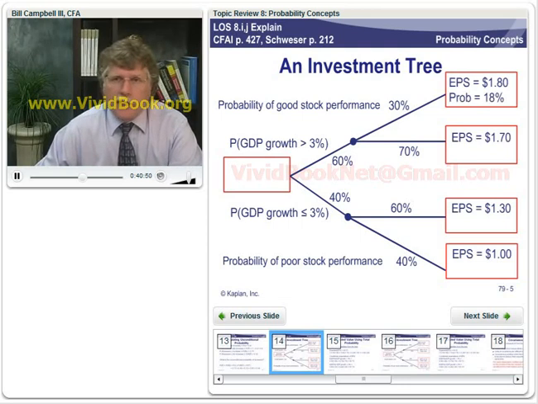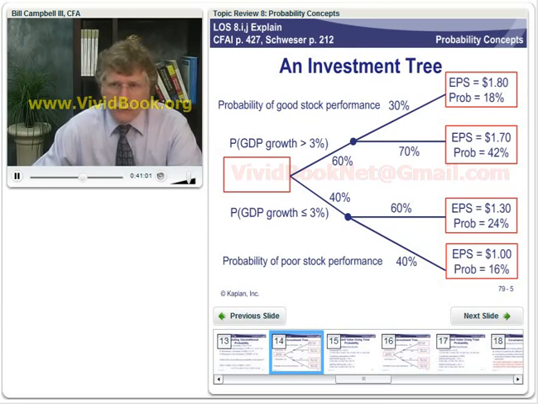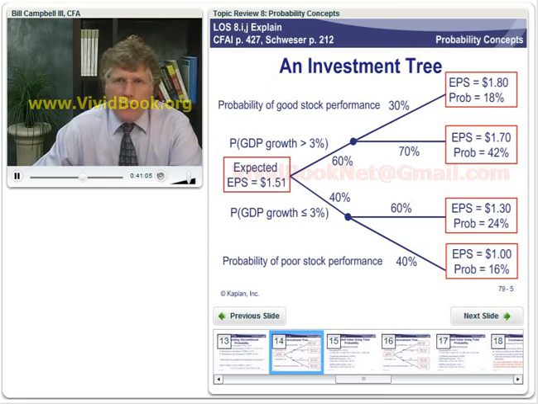So 18% that we get $1.80, 42% that we get $1.70, 24% that we get $1.30, 16% that we get $1. Add up that weighted average, we get an expected earnings per share of $1.51.